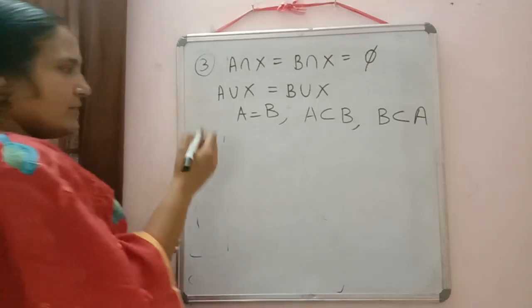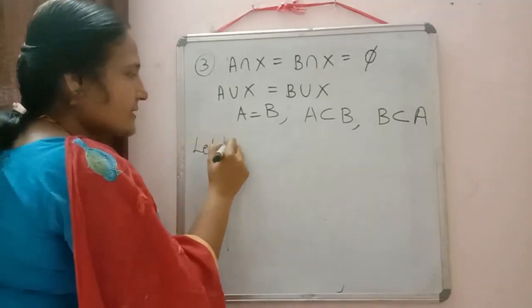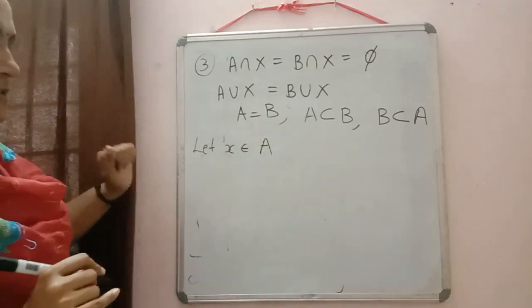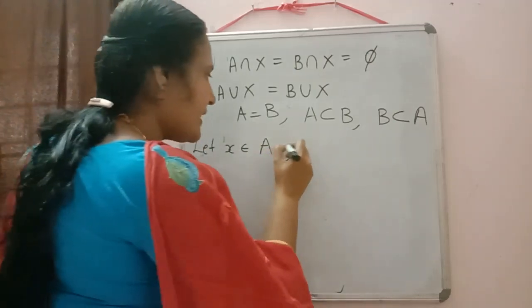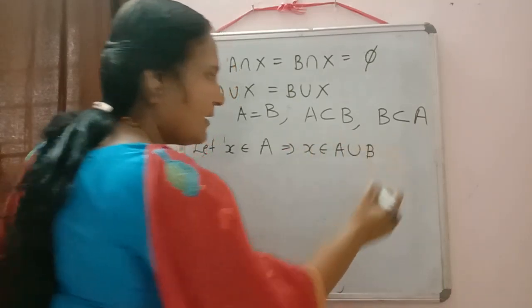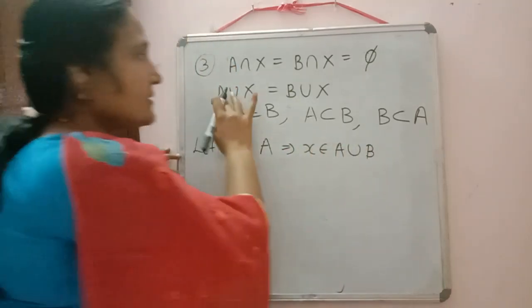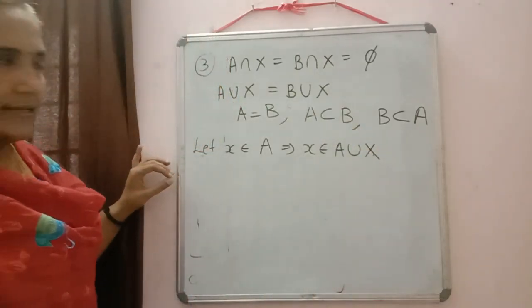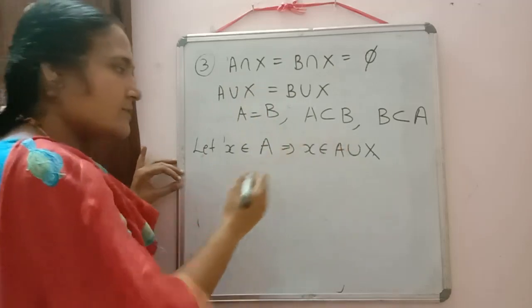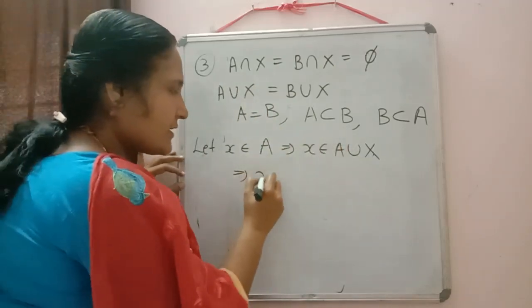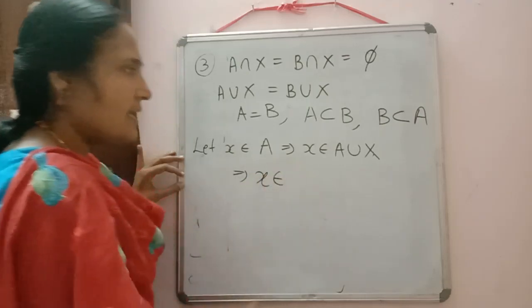So again, first we can take, let an element x belongs to A. So if x belongs to A, then obviously we can say x belongs to A union X, because X is given here. We have to use this information. That's why I have taken A union X. And if x belongs to A union X, then what we can say?